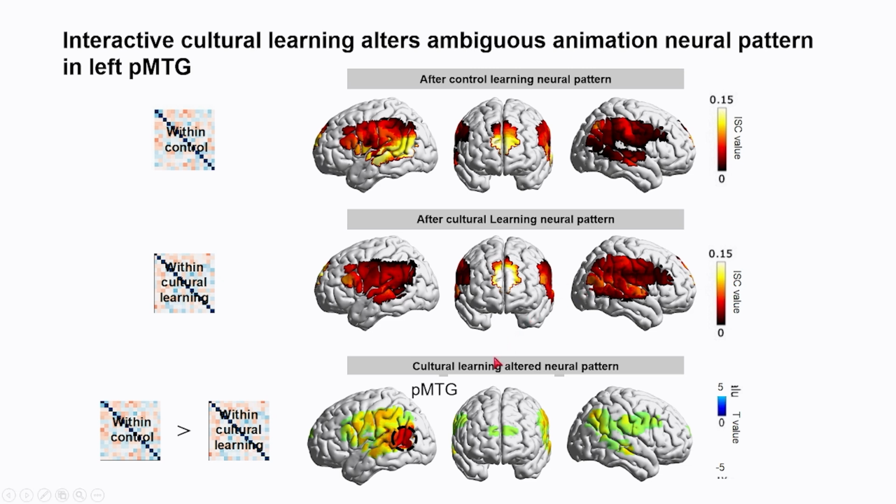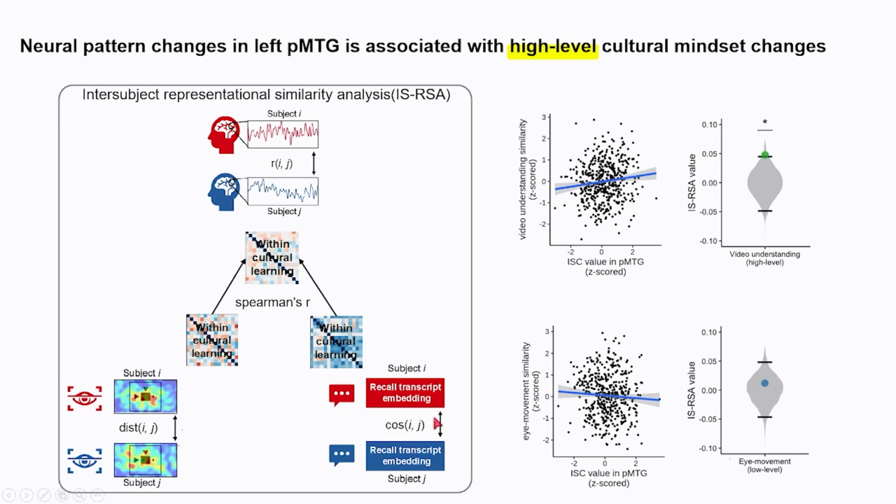Then after comparing and correcting, we found that cultural learning decreased the neural response of Chinese to the video in the left posterior MTG here. And then we conducted an intersubject representational similarity analysis on the semantic RDM, eye movement RDM and neural RDM of the cultural learning group data to examine whether the neural pattern change in PMTG corresponds to the cultural mindset changes.